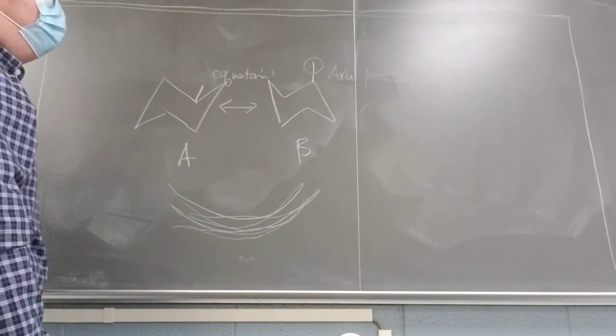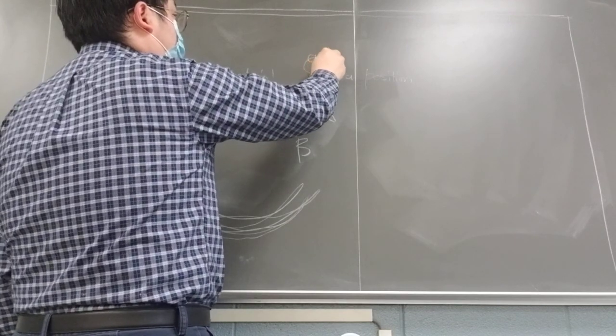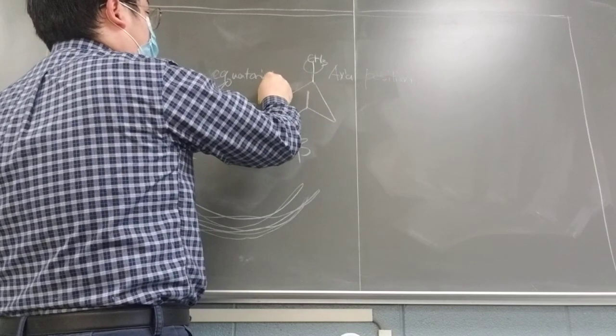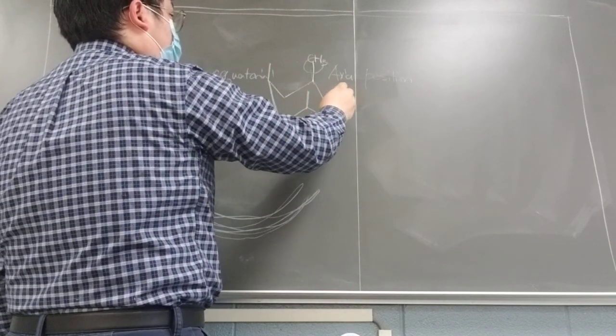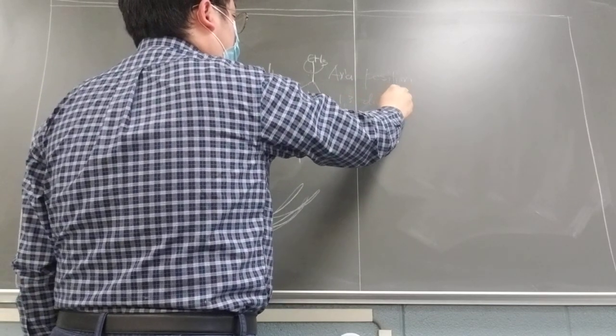Okay. So if you have one that is in the axial position over here, what they're going to experience is this: 1,3 diaxial interactions.